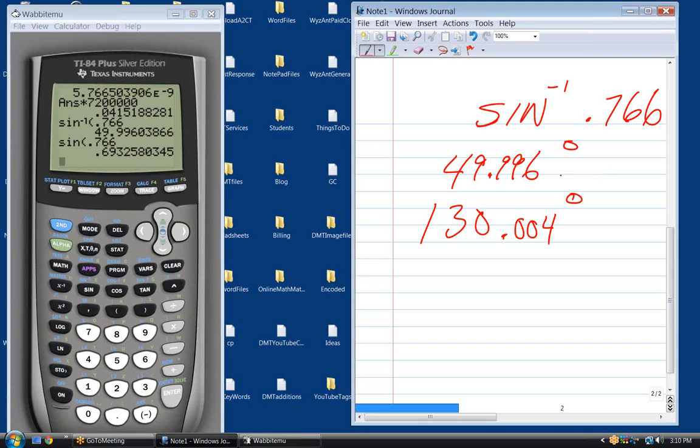Hold on, I put in sine. It didn't catch the second. I hit the wrong key. Okay, 0.766, 0.872 in radians. Now, what about the second quadrant angle in radians?